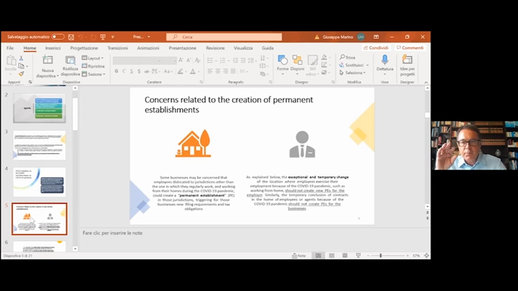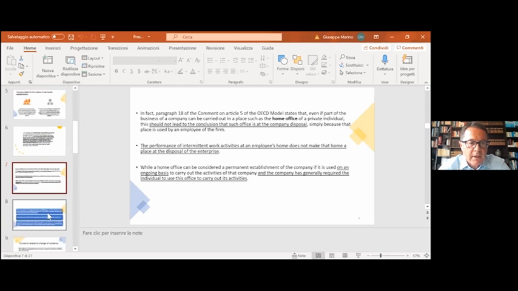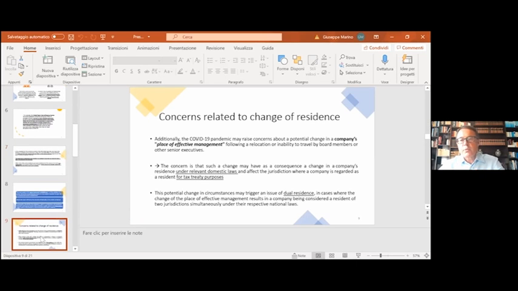Watch out about the possibility to claim the presence of a permanent establishment where the employees are in lockdown, because of their lockdown, so because of their remote working. But the issue is not only in terms of a permanent establishment, but it is also, I would say, an even worse scenario that has to do with the concern of the residence of a corporation.